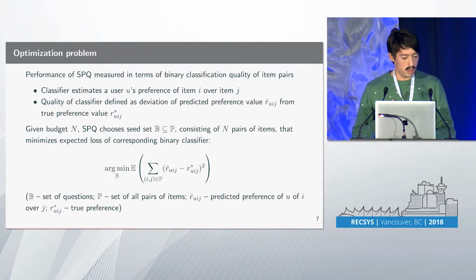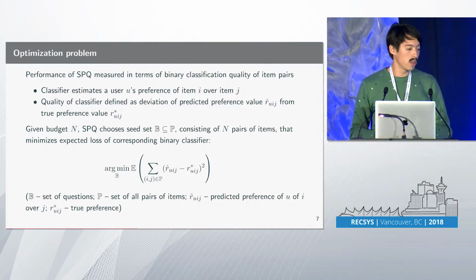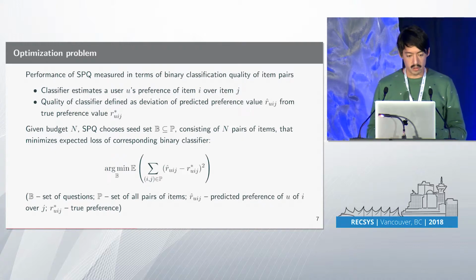Then the latent vector model uses this prediction to predict the relative preferences for a user over all pairs of items. And then we can measure the performance of this method in terms of the binary classification quality of item pairs.